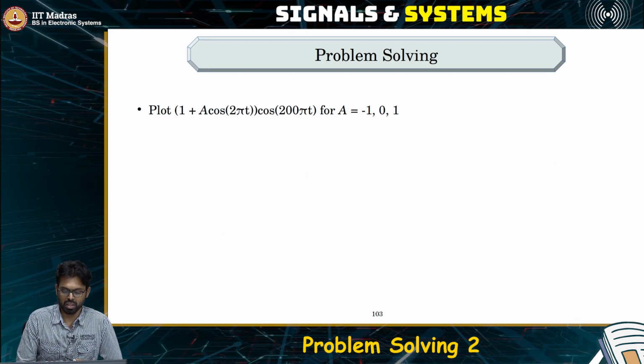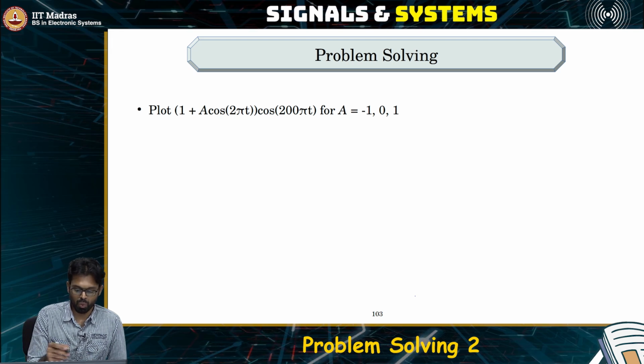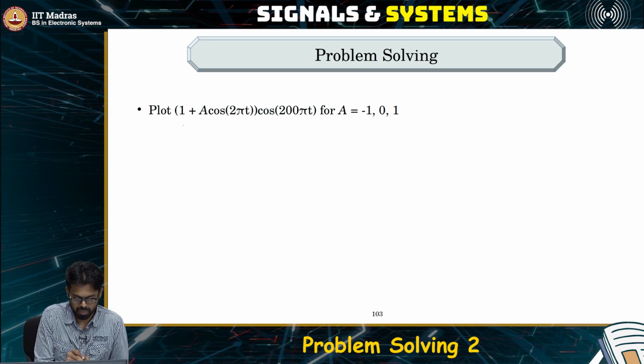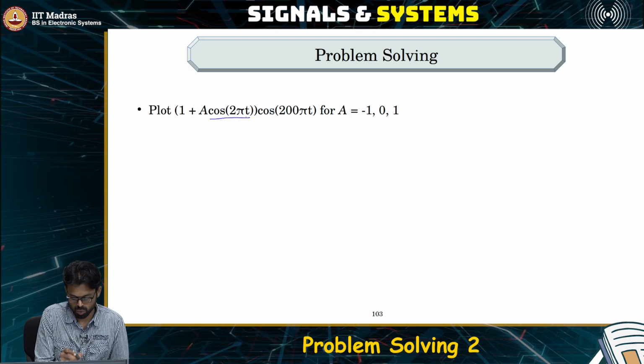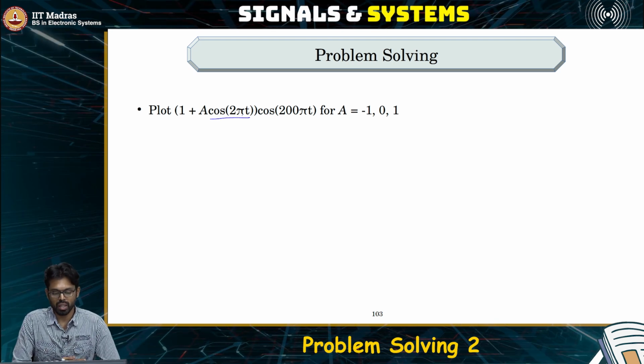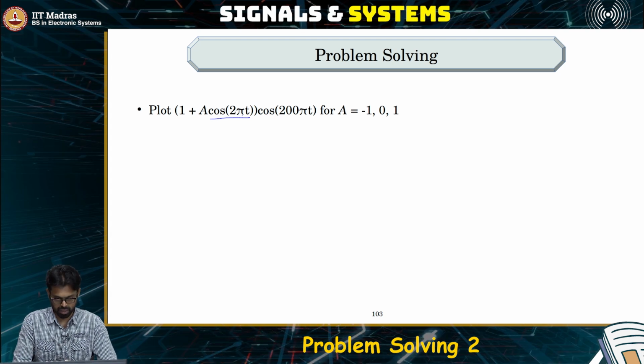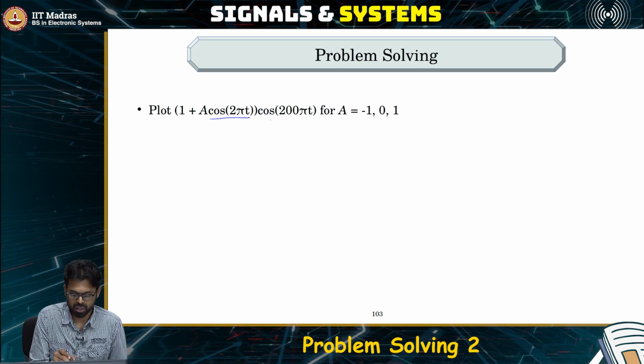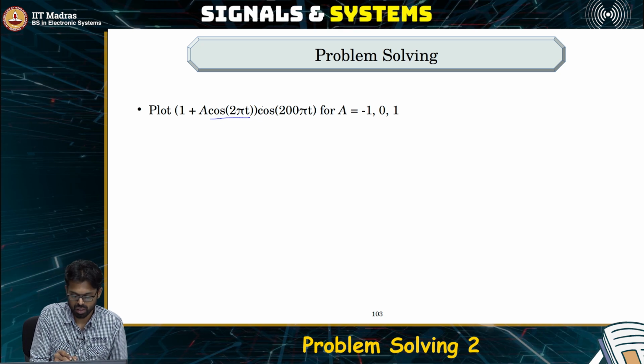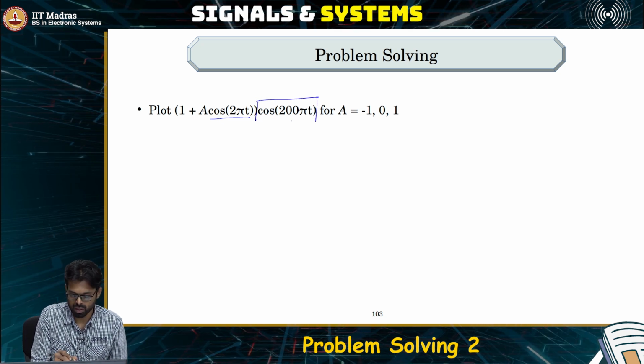So here, this is also a plotting exercise. What is given to us here is the signal cos 2 pi t. Cos 2 pi t has a frequency of 1 Hertz, an angular frequency of 2 pi radians per second, and you are just simply multiplying that with another sinusoid.